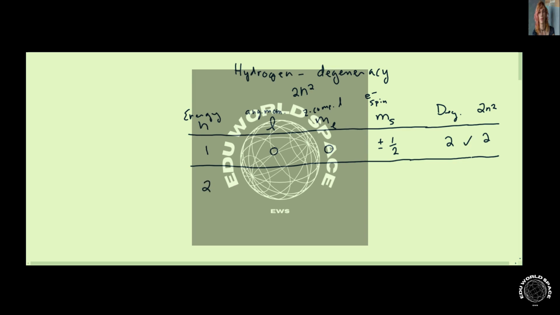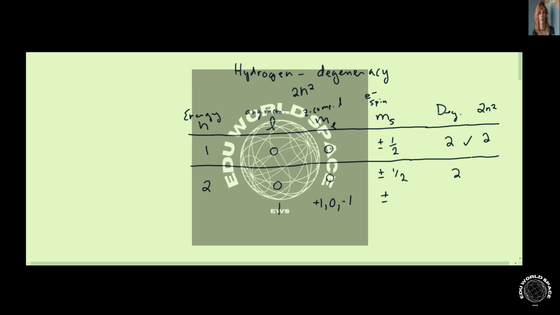For n equals 2, we have L equals 0 and 1. With 0, it's the same thing as what we had for the n equals 1 state. The next state goes from plus 1 all the way down to minus 1.